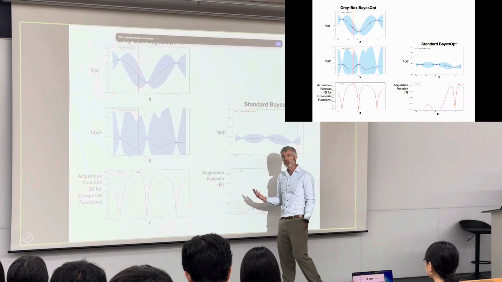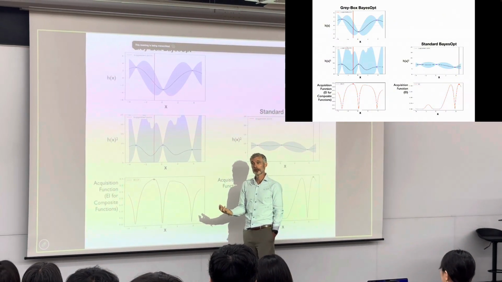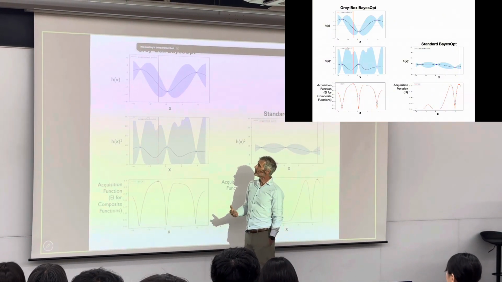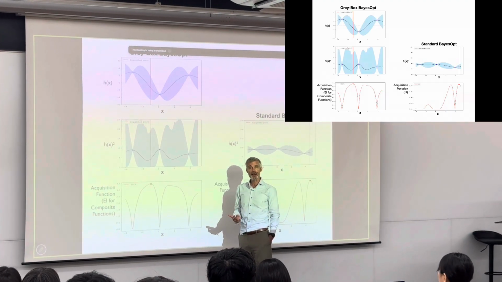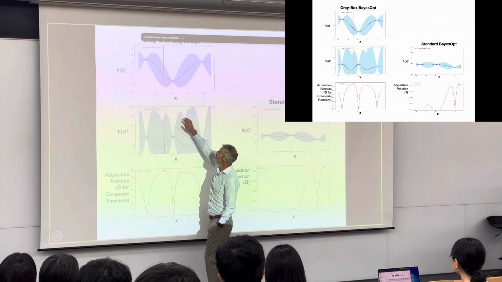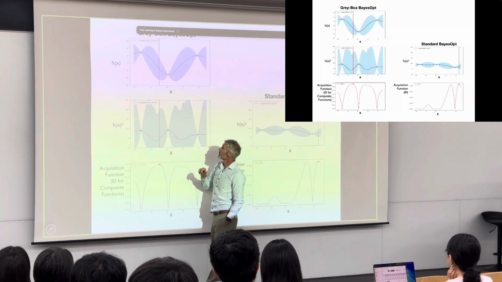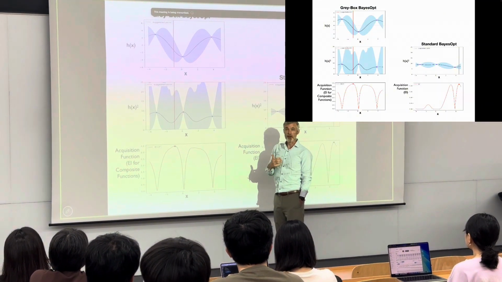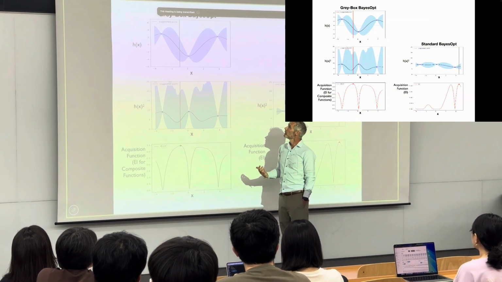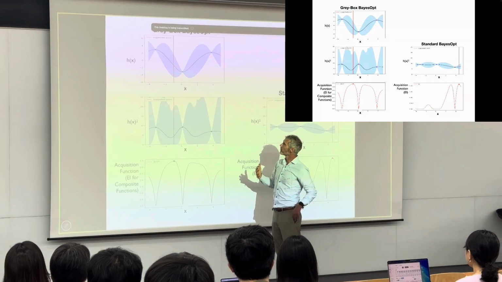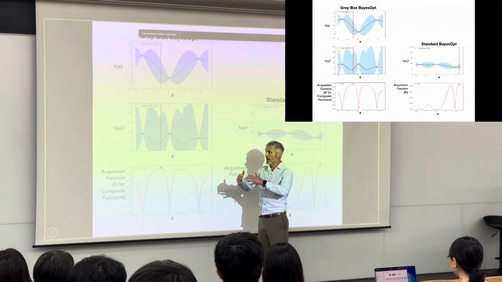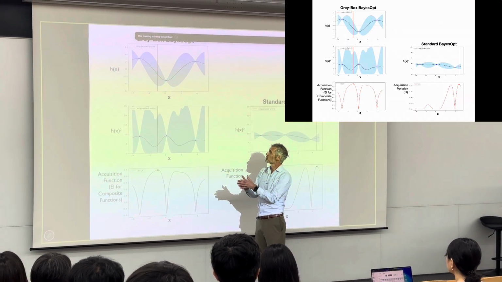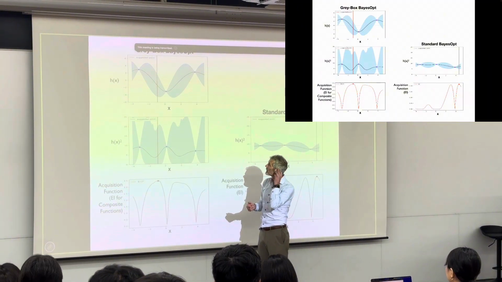I'm trying to find the x where h of x is 0. So if h of x is continuous, I know that in between this middle point and each of the edge blue points, h of x must cross 0. So I already have narrowed down the space of locations for my global optimum.